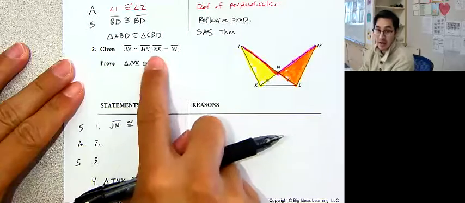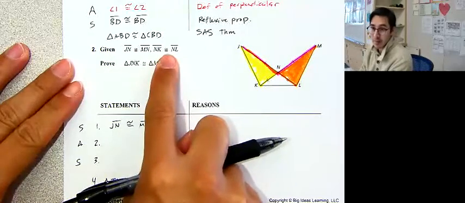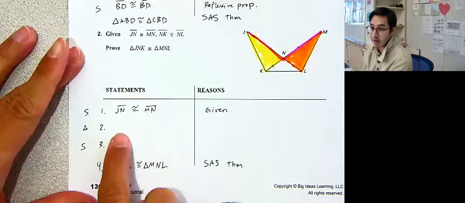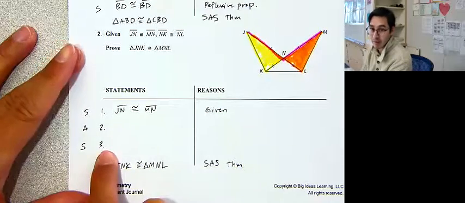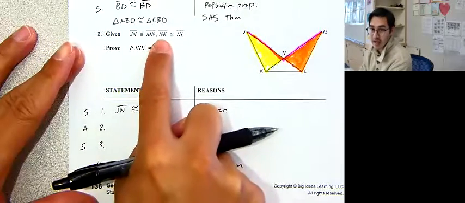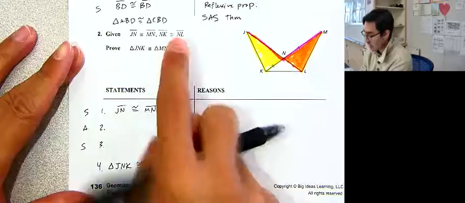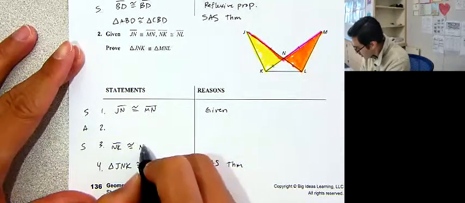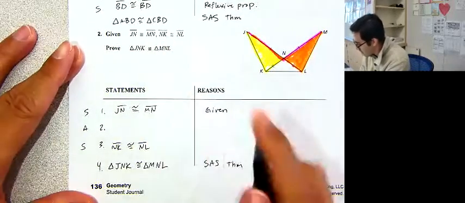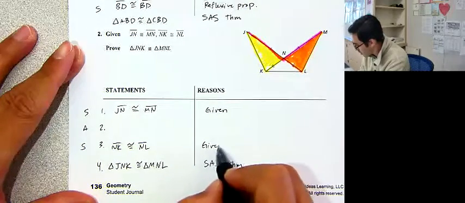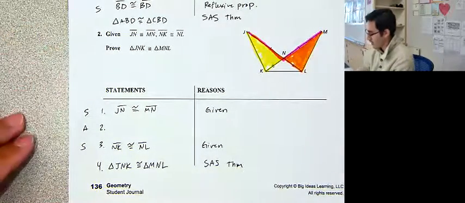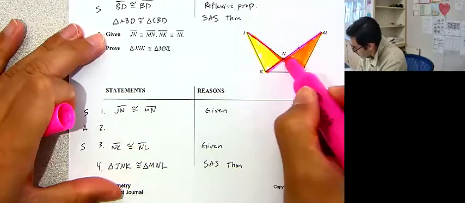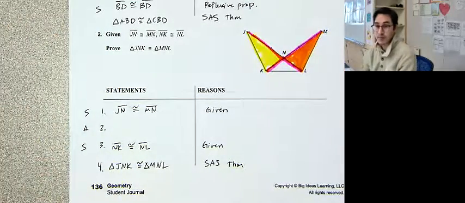And then I have another statement about another pair of sides, which I'm not going to put on line 2 because that's where I want to put my angle statement. So I'm going to put it on line number 3. Side NK is congruent to side NL, and again, that's given, so I can just write given. And in my diagram, I will now highlight those two.